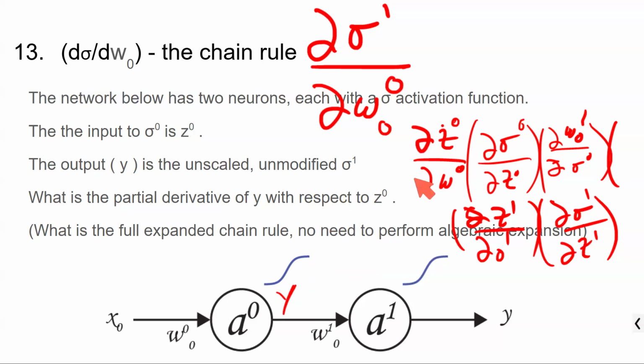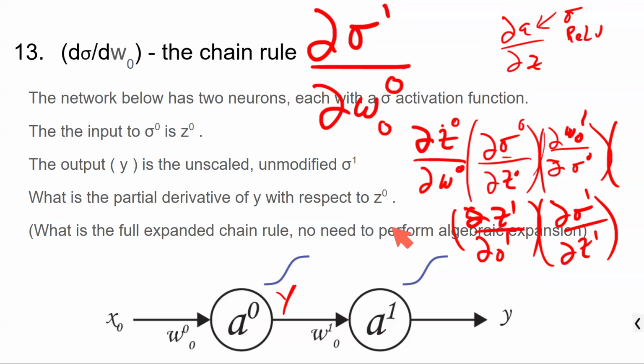The reality is that these guys over here, the rate of change of the activation function with respect to Z, sometimes will be referred to as DA, DZ, the derivative of the activation, because right now I'm calling this sigmoid, but if I say DA, DZ, that could be the activation of sigmoid or a ReLU inside of here.